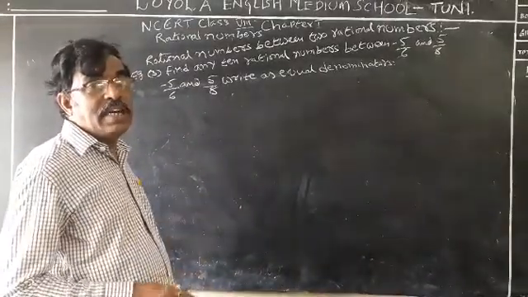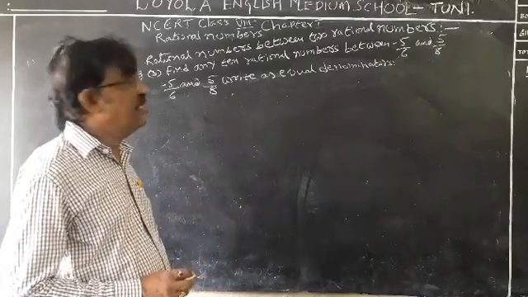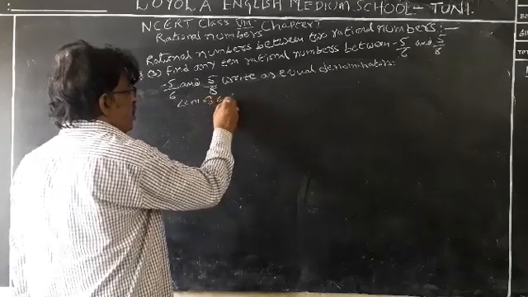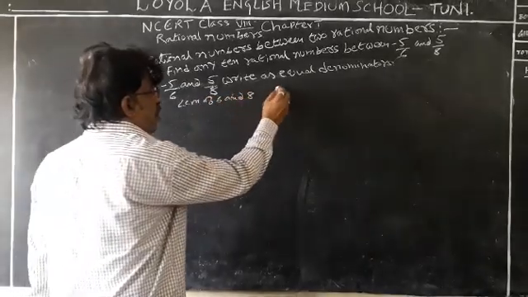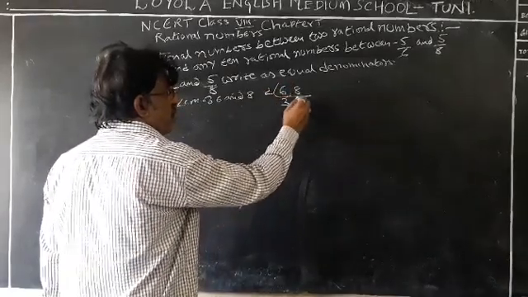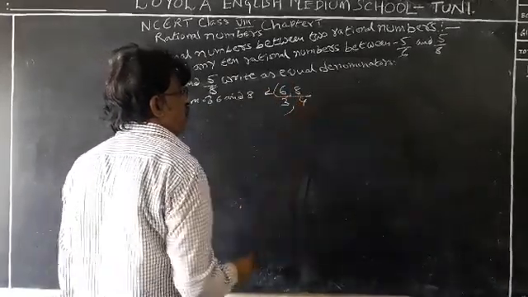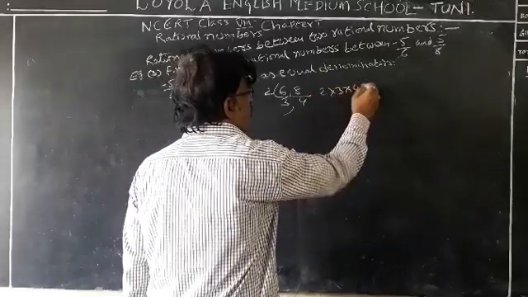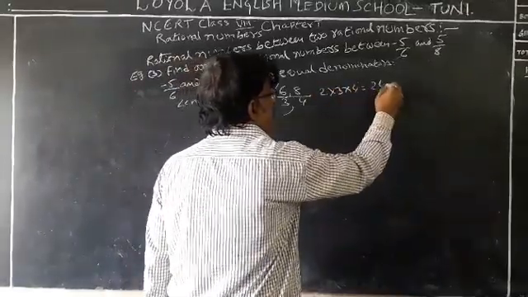In the same procedure, find out the LCM of the denominators. LCM of 6 and 8: 2 threes are 6, 2 fours are 8, so 2 into 3 into 4 is 24.